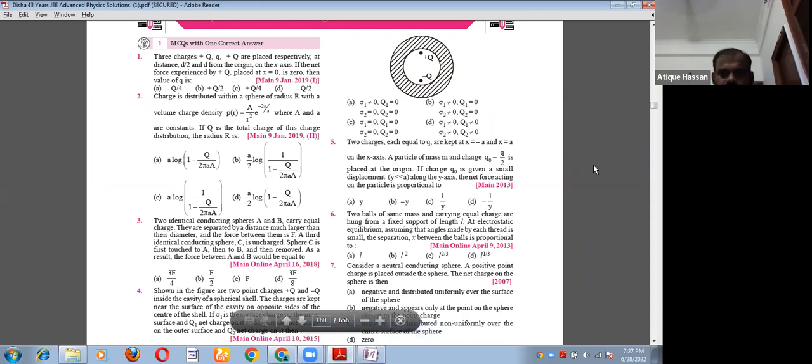How C is the correct answer? Here we have equal and opposite charges, so induced charges will also be equal and opposite, and that will cancel. So net charge will always be 0. Okay. I think no need to solve this question. Or should I solve?